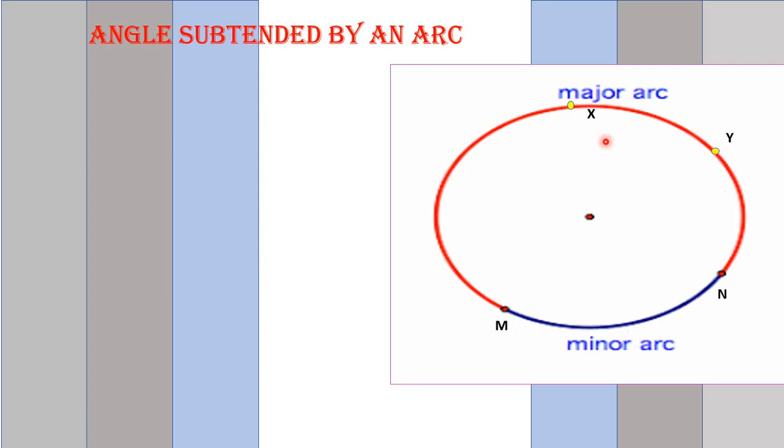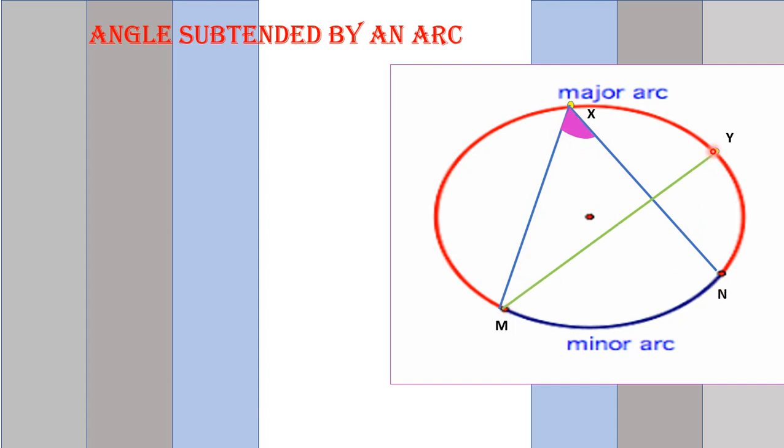We join these points, MX and NX. So here we get the angle MXN, or we can say NXM.